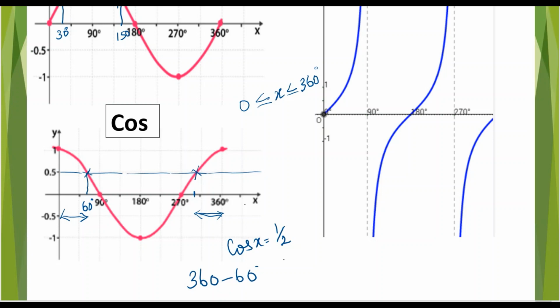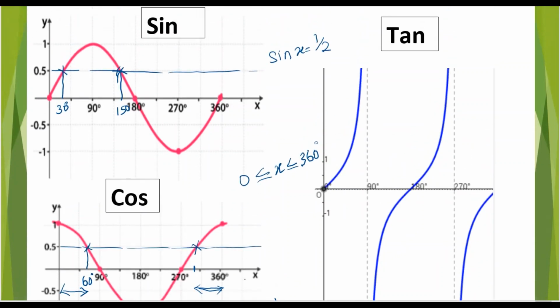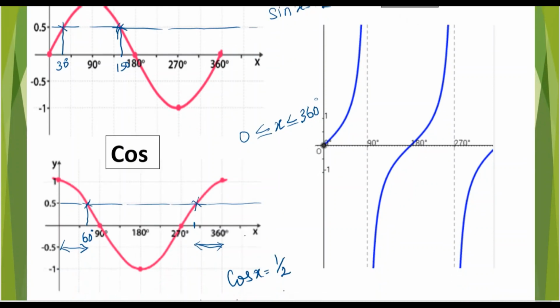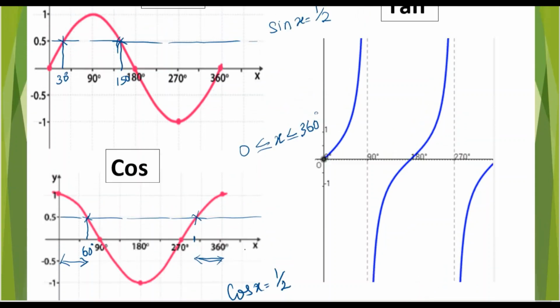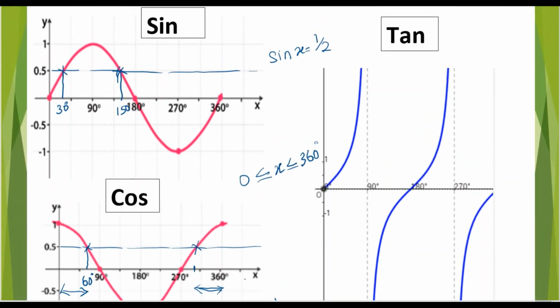Okay, similarly we can find out for tan also. Suppose let's take a function tan x equal to 1, and we know x equals 45 for that value we get tan as 1. Tan 45 is 1. So here draw a line. The point of intersection is the solution.